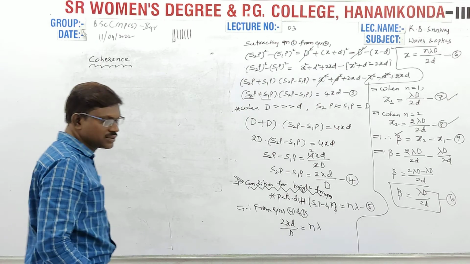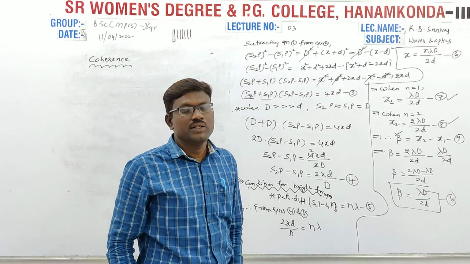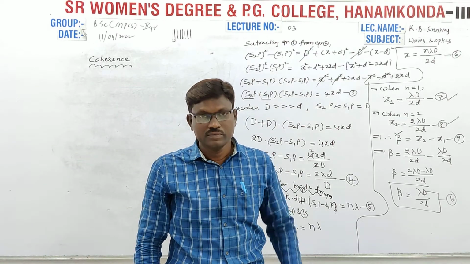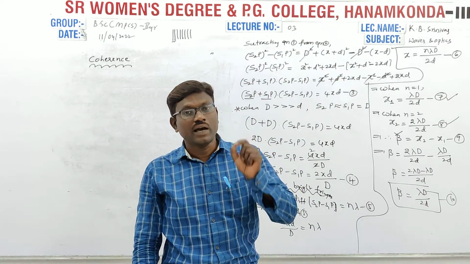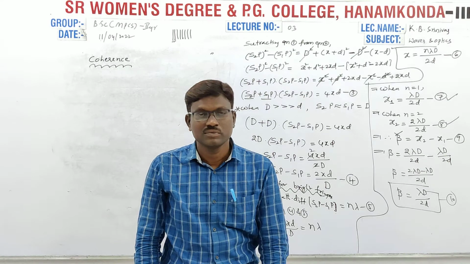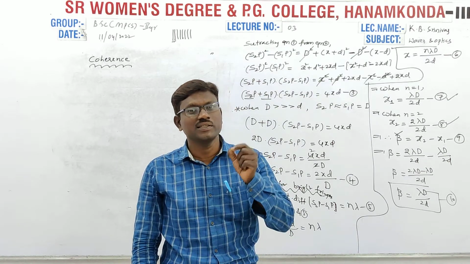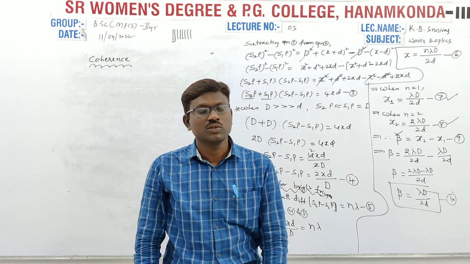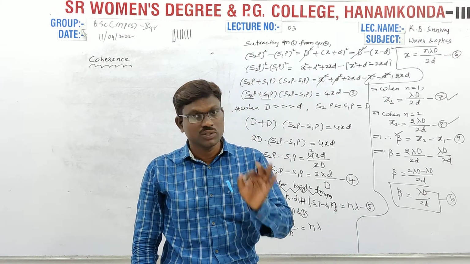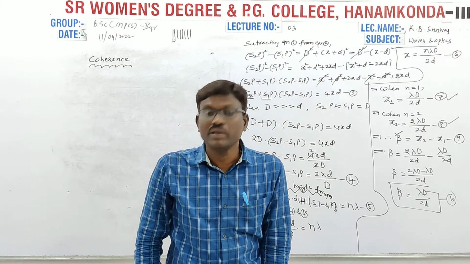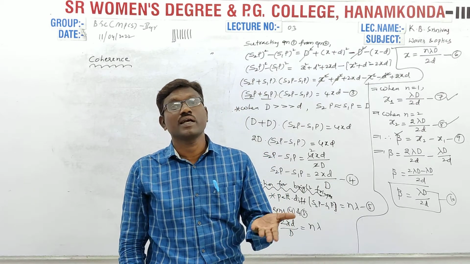What is coherence? When two or more waves having same phase or a constant phase difference, then the two waves are said to be coherent sources, and that phenomenon is known as coherence.